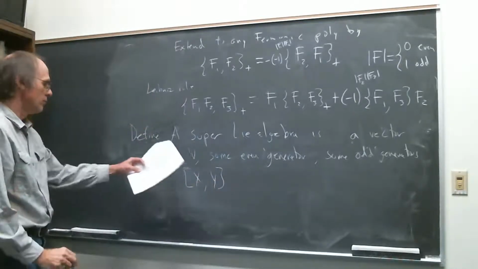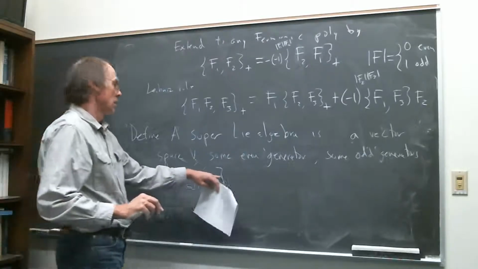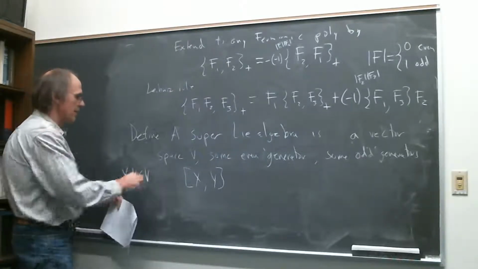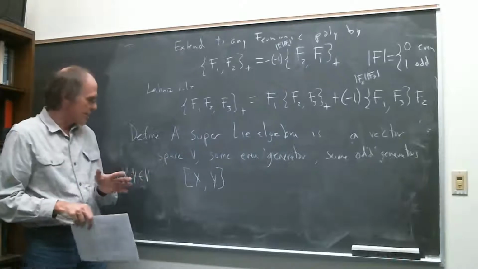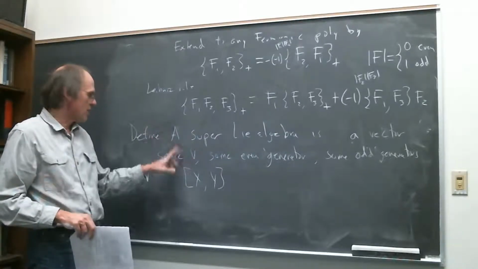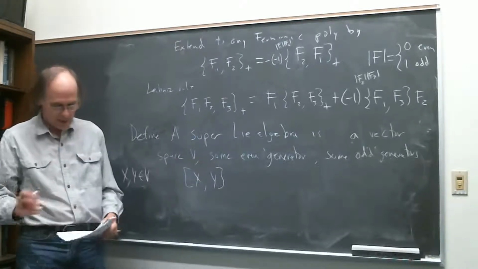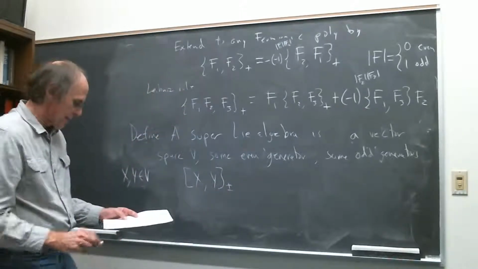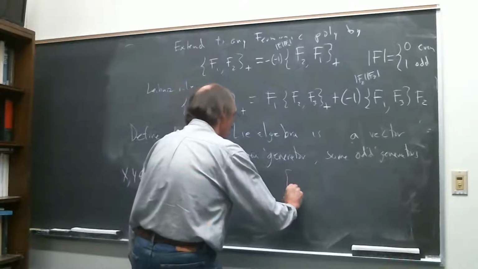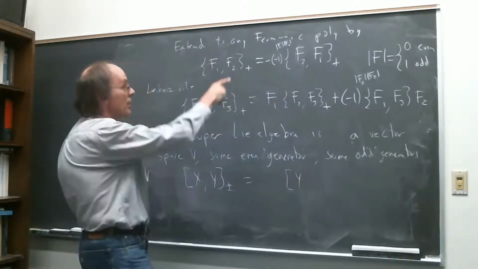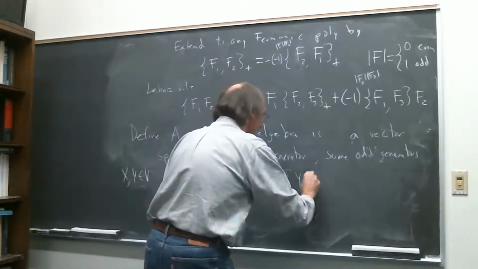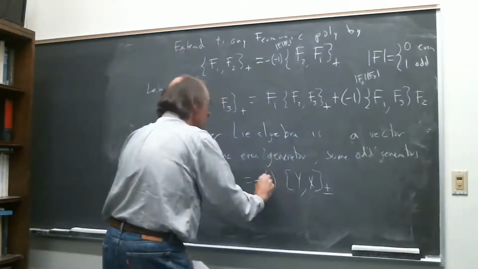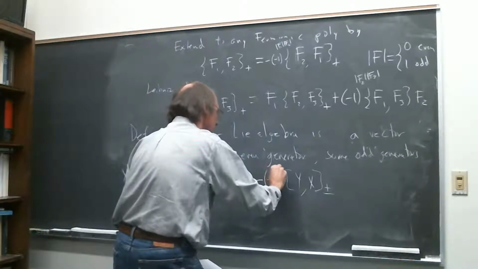So if x, y are elements of V, this vector space has some directions which are even and some which are odd, and there's a Lie bracket on these things, plus or minus, and it has this symmetry property: there's the usual minus sign, and then there's a minus to this thing, x y.